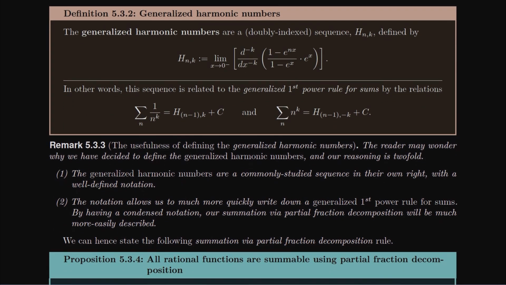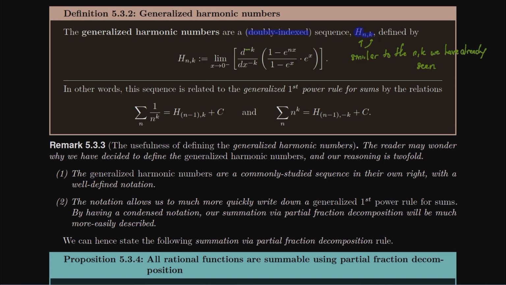We're also going to define something called the generalized harmonic numbers. The generalized harmonic numbers are a doubly indexed sequence h sub n and k, and it's not really a surprise that these are similar to the n and k we have already seen. But how does it work with the harmonic numbers?